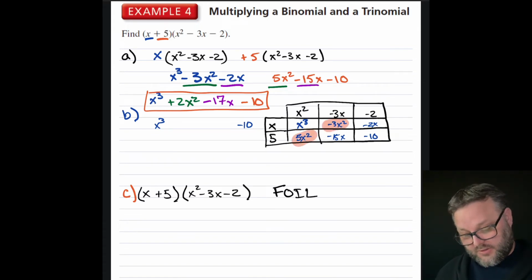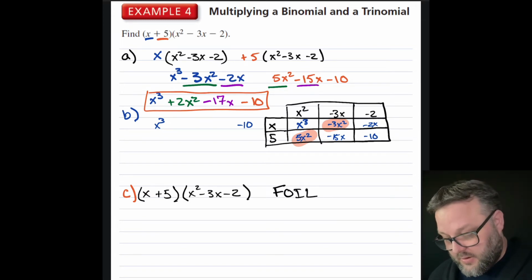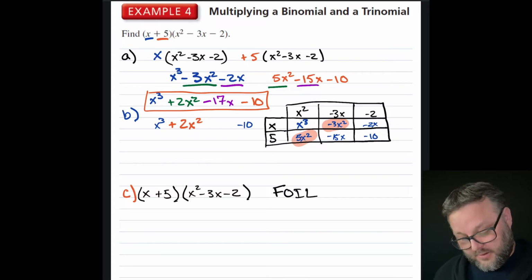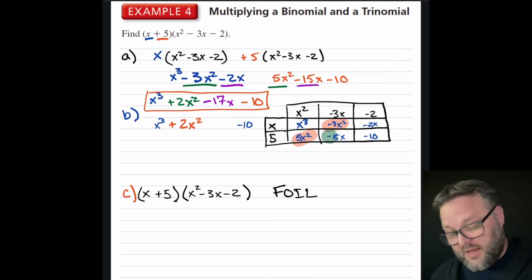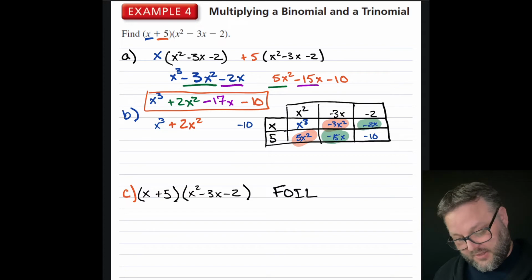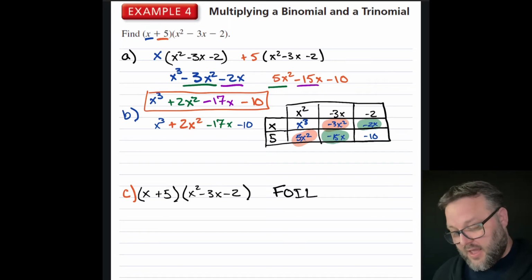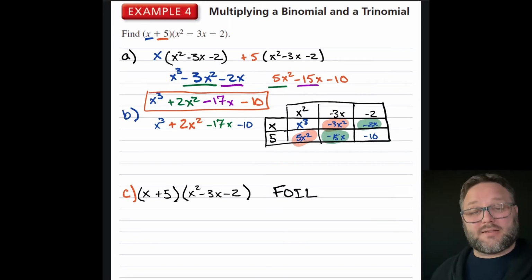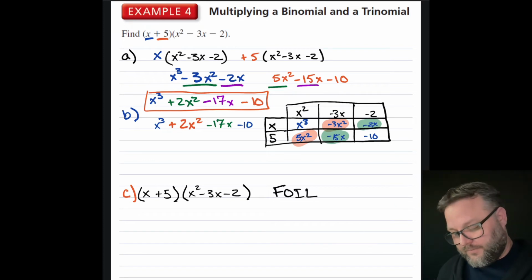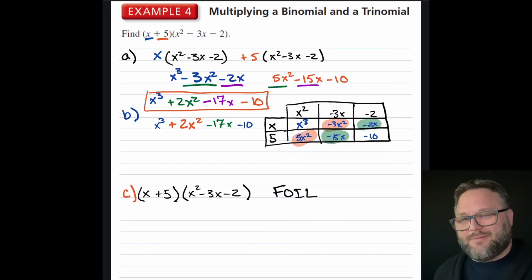So if I bring those together, I'm going to get a positive 2x squared. Then I can look a little bit further and say, here's an x, there's an x, and when I combine those two, we get negative 17x. And that happens to be the exact same answer, with a different method than we got before. Now let's look at FOIL.